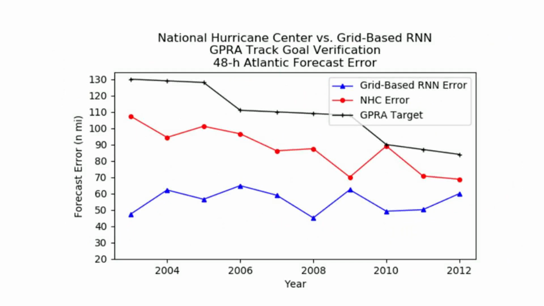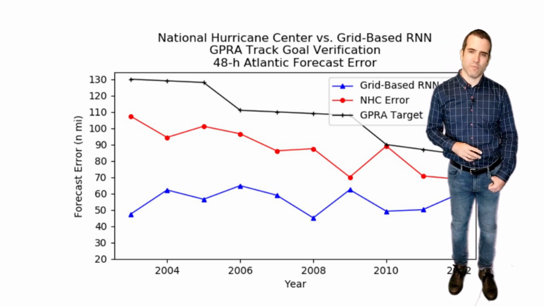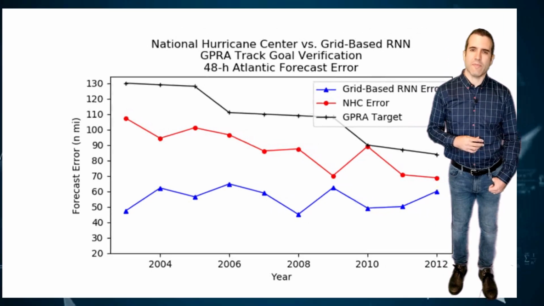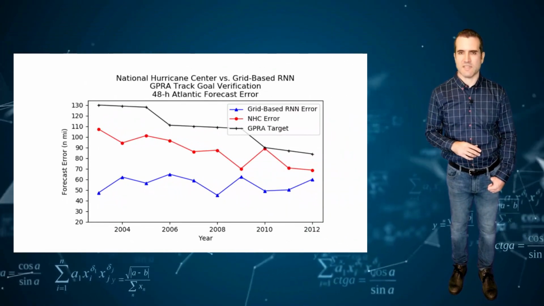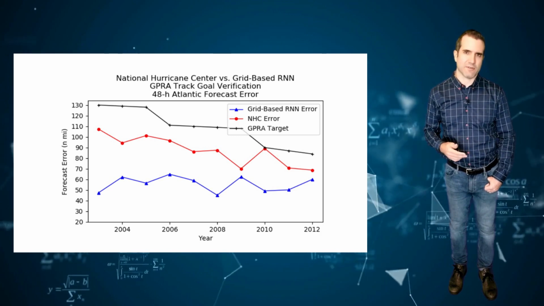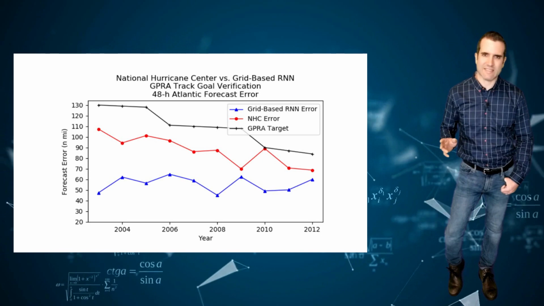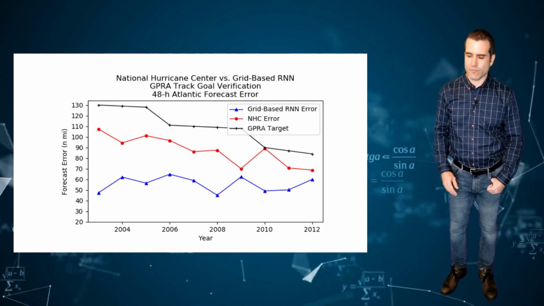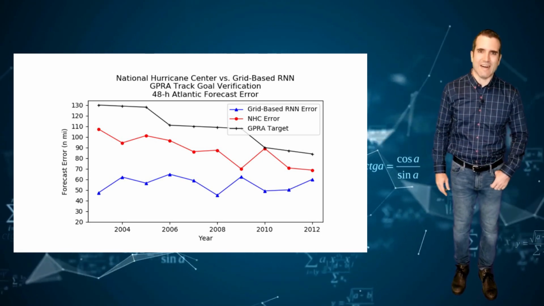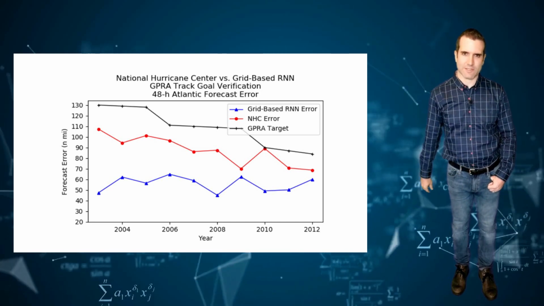Instead of comparing it against the statistical baselines, they looked at the mandated target that's given to NHC. This could have come from some Senate or House Appropriations Committee, and it's not necessarily grounded in reality. Still, the results are pretty compelling since the threshold is actually pretty low.